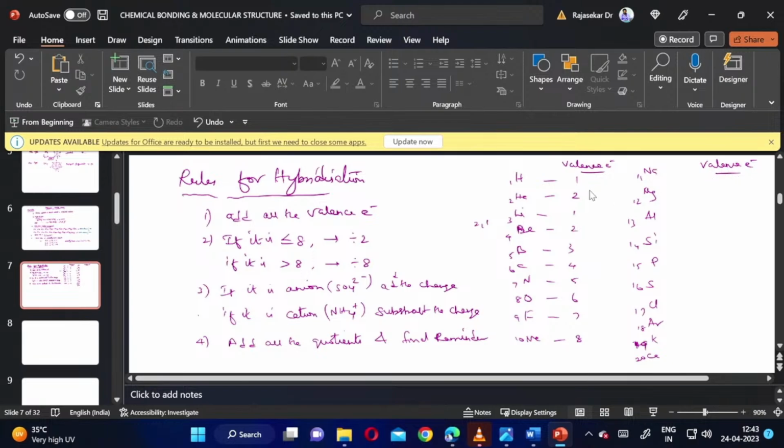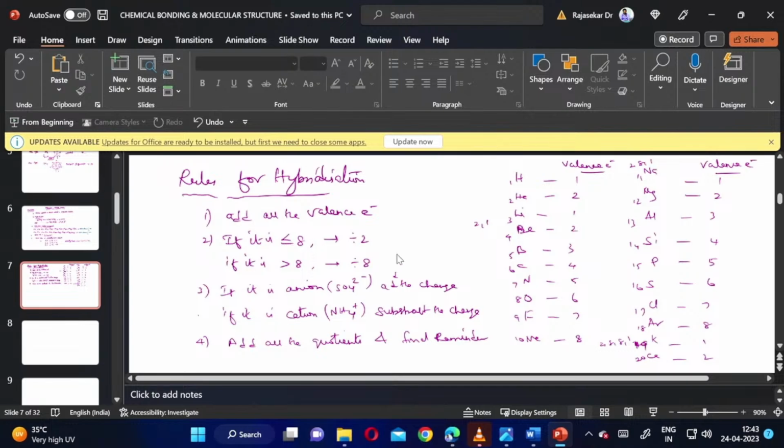First you must know the atomic number, then we can find the valence electrons. 11 splits as 2, 8, 1, so 1 is the valence electron. Likewise 2, 3, 4, 5, 6, 7, 8. Potassium splits as 2, 8, 8, 1, so 1 is the valence electron, and calcium has 2. You must remember these valence electrons, then it will be easy.